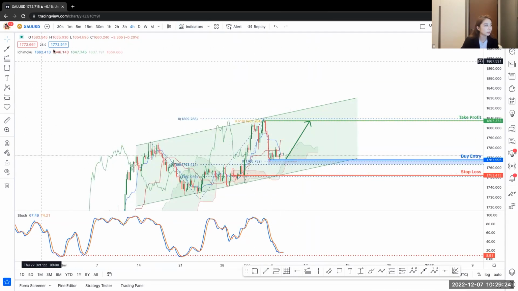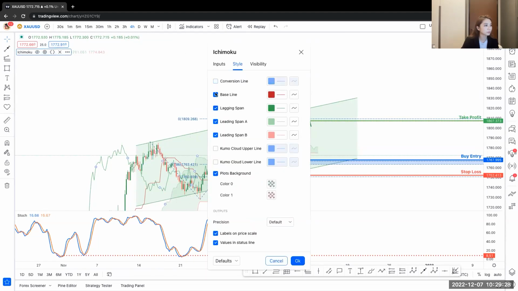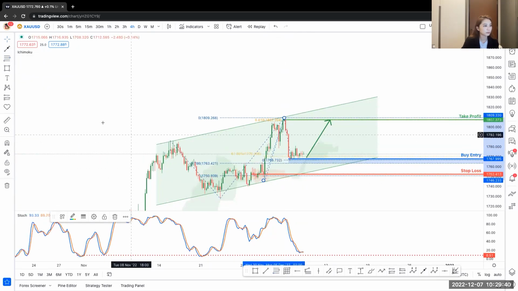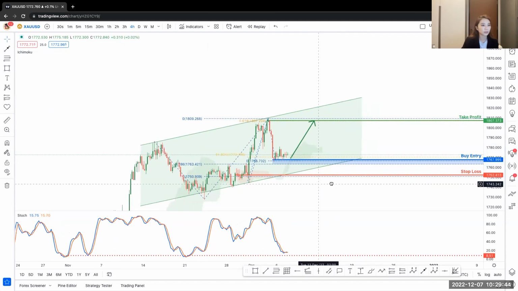Price is also holding above our cloud. Okay, this is my take. Let me just add in a retracement, 61.8 as well. This is what I'm looking for in gold.